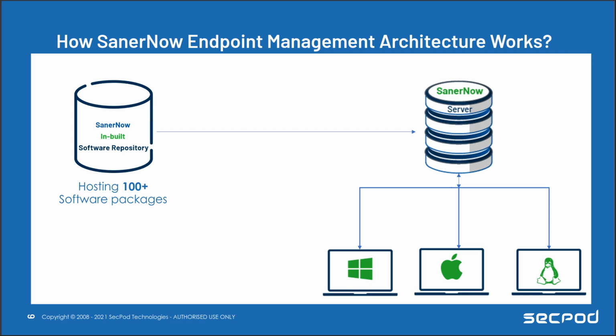These are lightweight processes installed in all the endpoints which are connected to the Saner server. And the last one is the software repository, which holds over 100 preloaded applications which can be installed across various platforms. This repository plays a major role in the software deployment process, which is a feature available in our endpoint management application. That's the basic overview of how our Saner endpoint management architecture works, Dikshita.